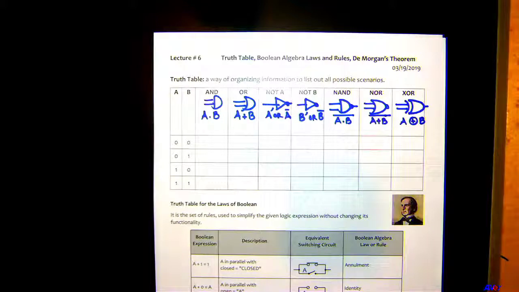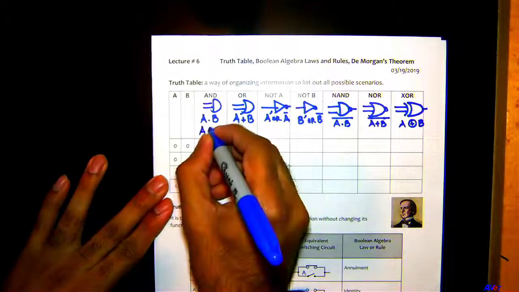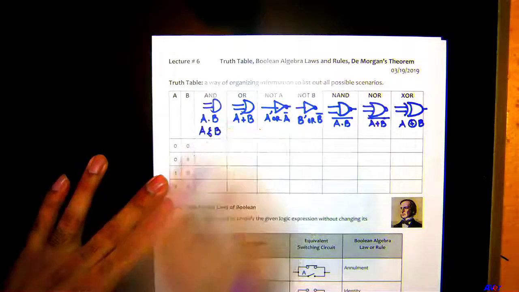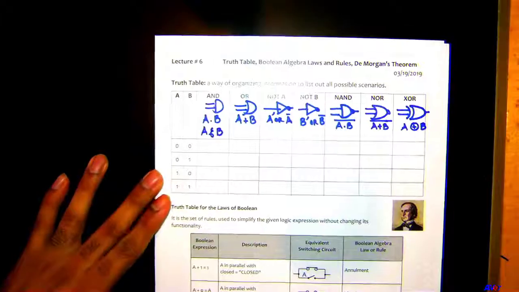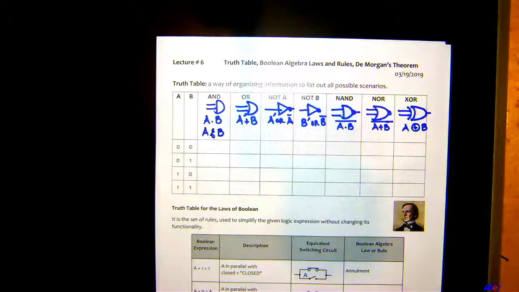Also, let's go ahead and also do the Verilog expression for these gates. How would you write a Verilog expression for AND gate with inputs A and B? Remember? So it will be A, and then we use the AND operator, B. Correct? What was the Verilog expression for OR gate with inputs A and B?